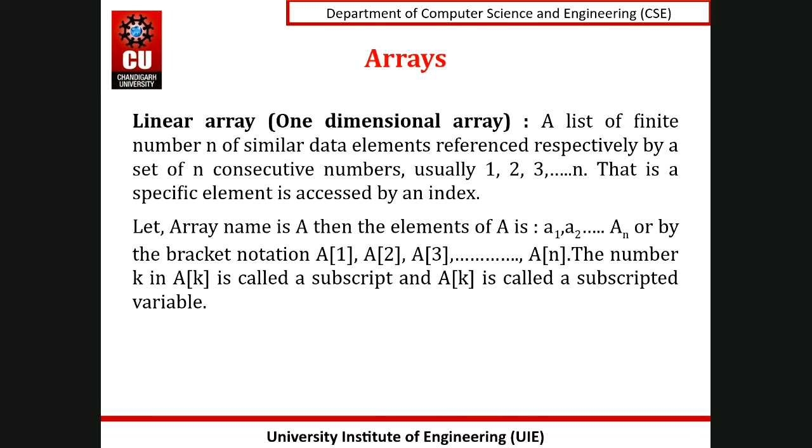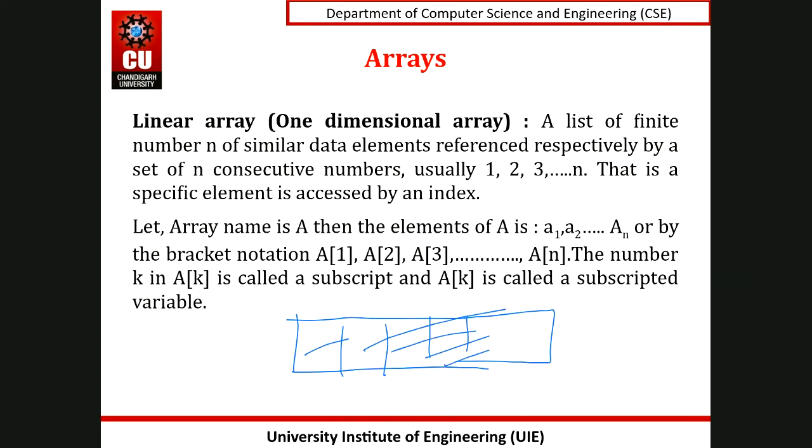As we have already seen, an array is a linear organization of your data at a contiguous memory location. If this is your memory, the data would be stored at contiguous memory locations. It won't be scattered in the memory. If I have numbers 10, 20, 30, 40, they are stored at contiguous memory locations.